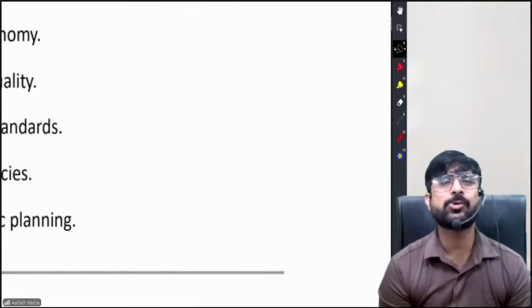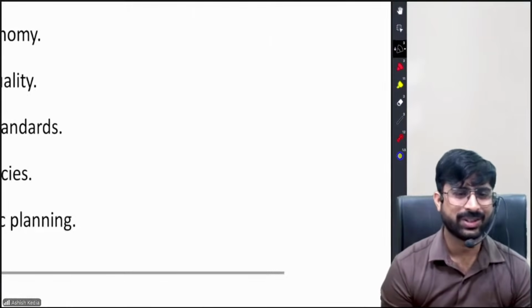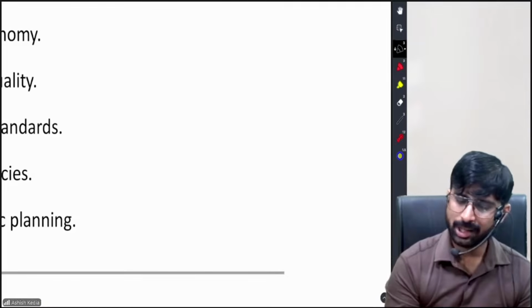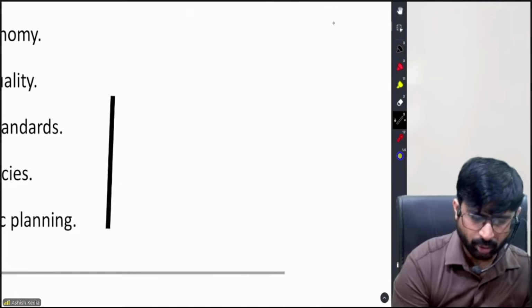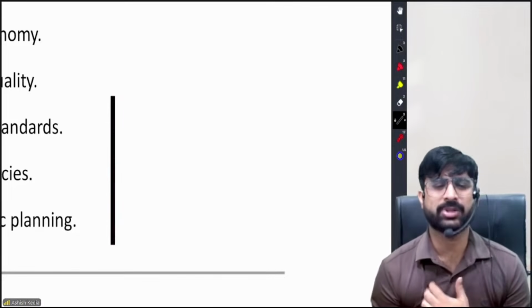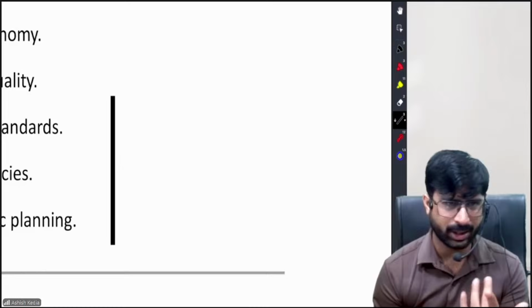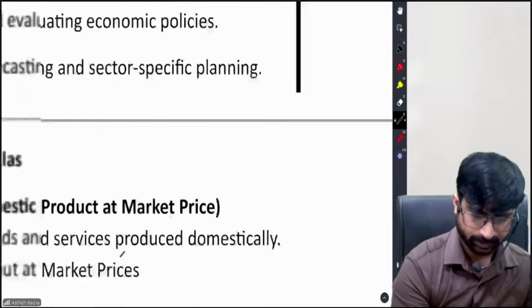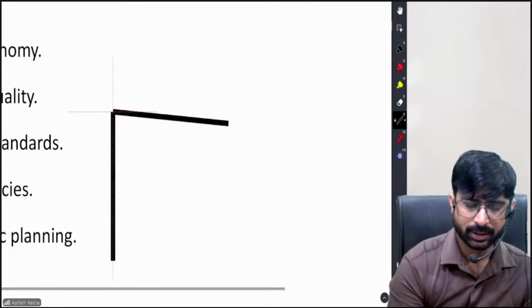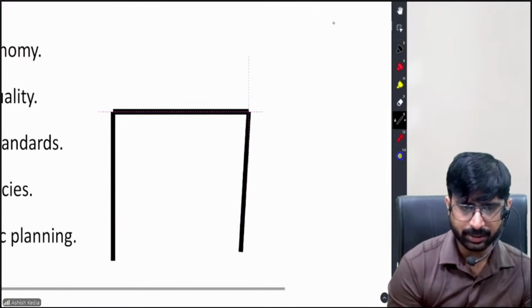Let's try to understand the practical world now. These were all the theoretical things. Are you ready, class? Students, you can just draw this diagram with me. In exam, nobody is asking for a diagram. I am just explaining the concept, so I'm drawing it. This is India.